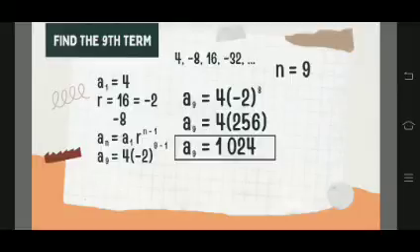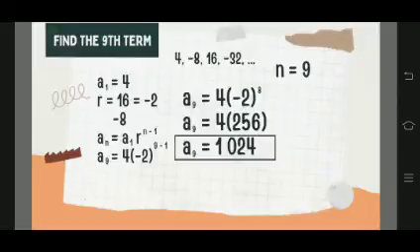Plug our givens into the nth term of the geometric sequence. A sub n equals a sub 1 multiplied by the common ratio raised to n minus 1. So a sub 9 equals 4 multiplied by negative 2 raised to 9 minus 1. Simplify our exponent: a sub 9 equals 4 multiplied by negative 2 raised to 8.